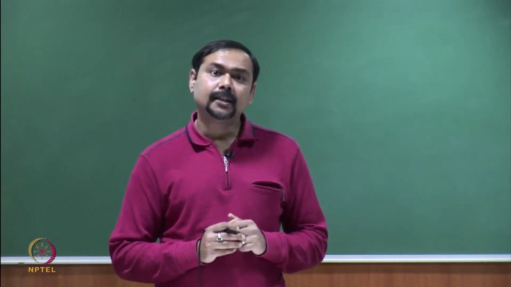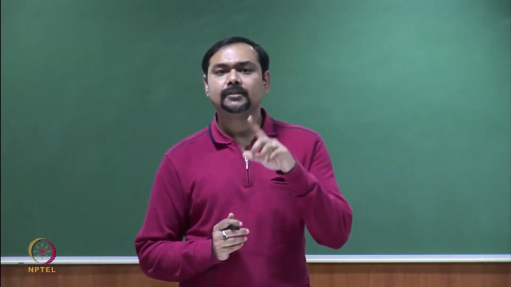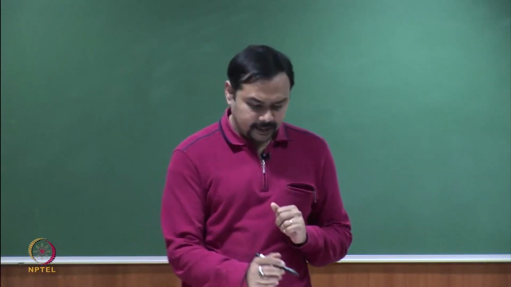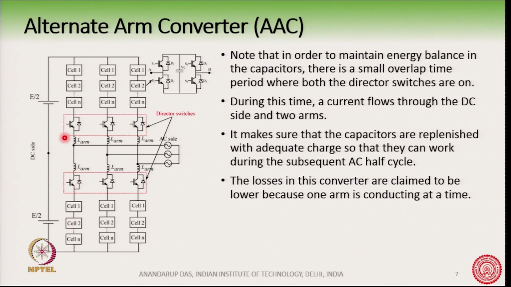In MMC, the DC circulating current or the DC current was flowing continuously, and that is why we always had these two cells. The DC was flowing continuously.